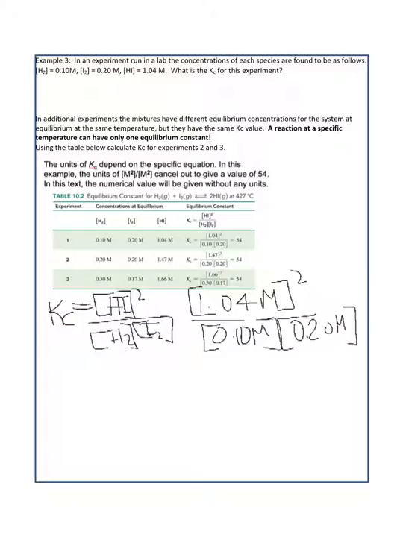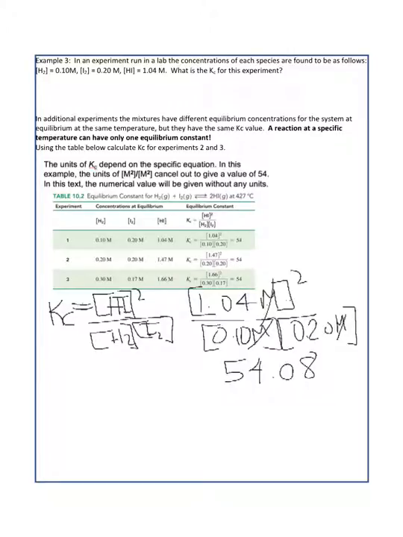So we have 1.04 squared, so 1.04 times 1.04, divided by, now here's where you want to be careful and use parentheses, depending on how you put this in your calculator, 0.10 times 0.20, end parentheses, gives you 54.08 as the Kc value. Now, you have molar times molar on the top divided by molar times molar. So there are no units for this answer because all of our units cancel out.